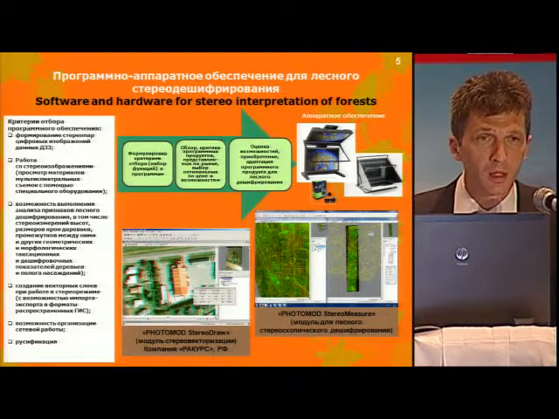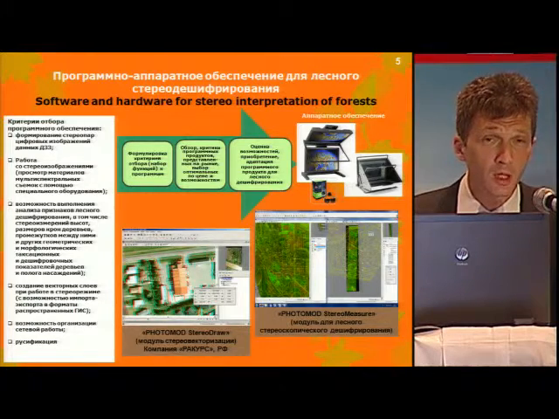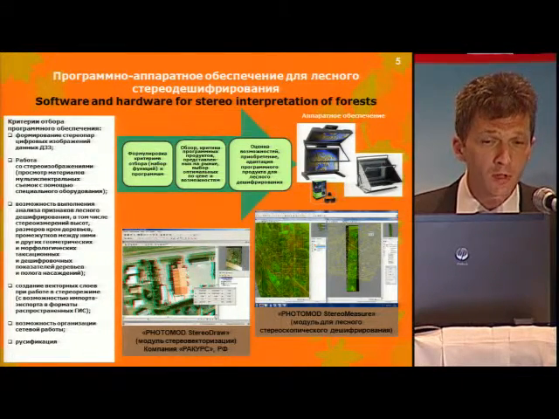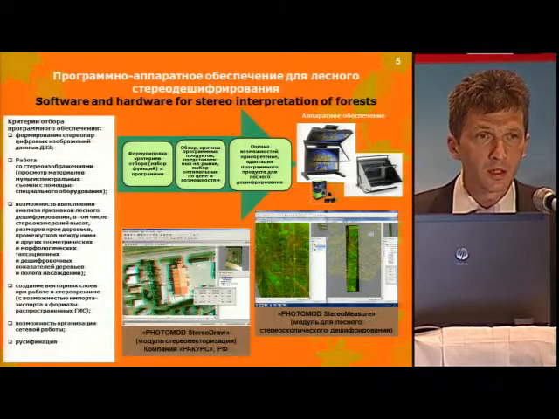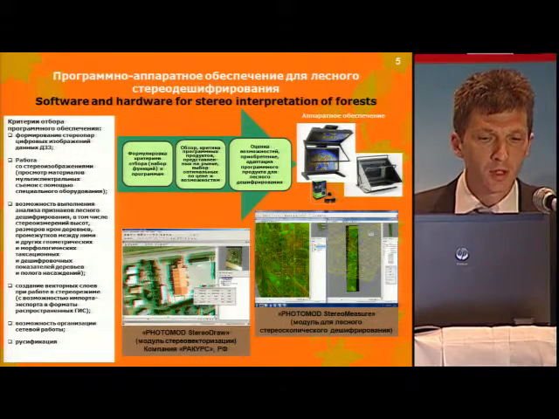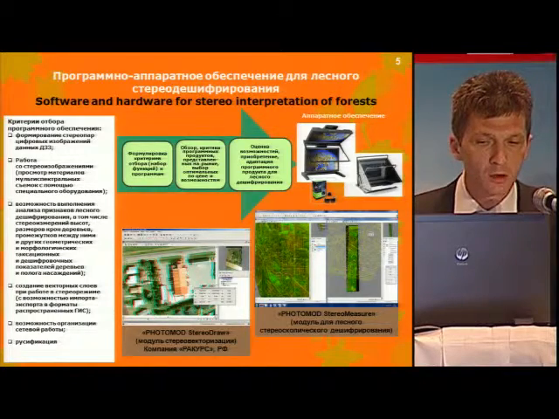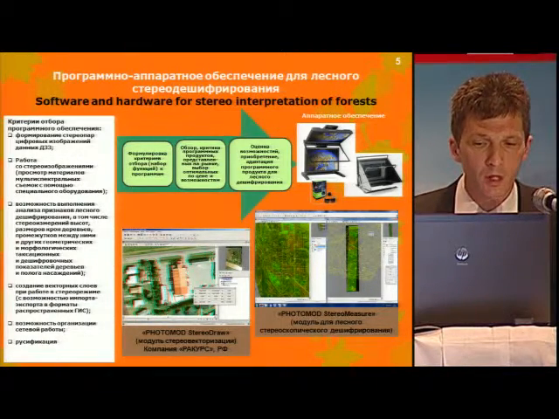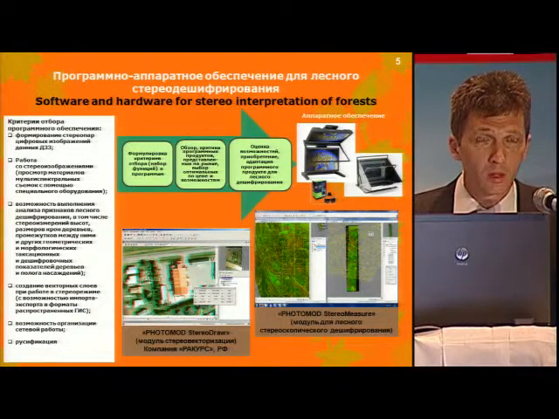And 3 years ago, we were also selecting the software which would fit our criteria: the ability to work in stereo mode and to be able to interpret certain types of trees, working with GIS and network mode.